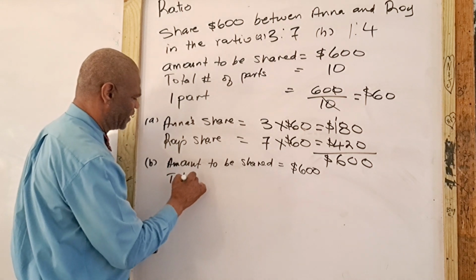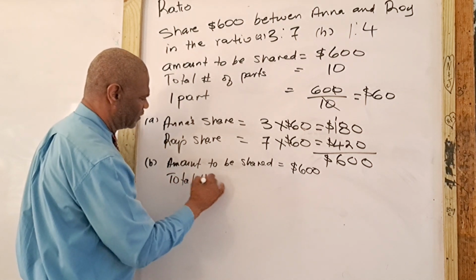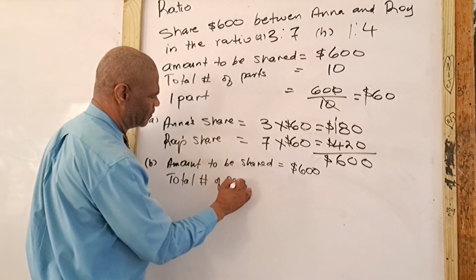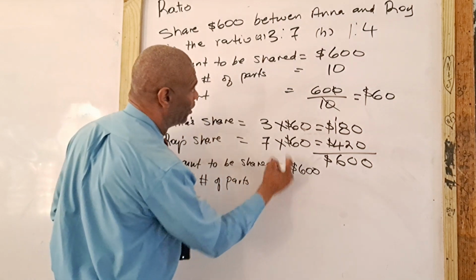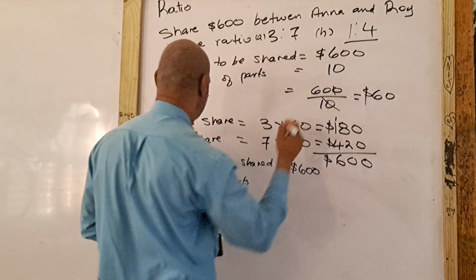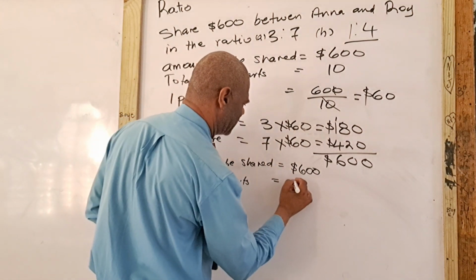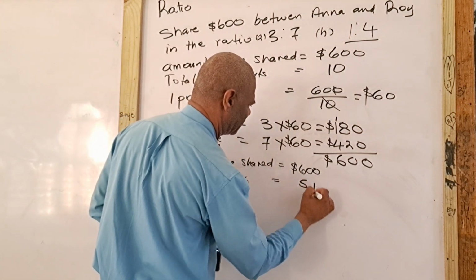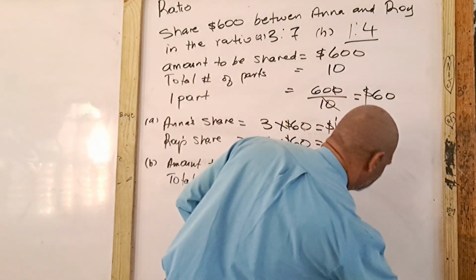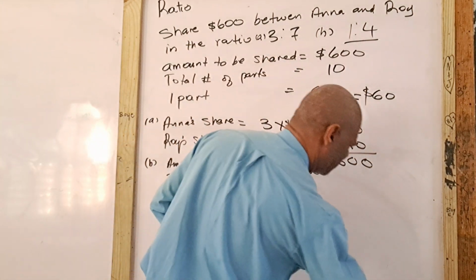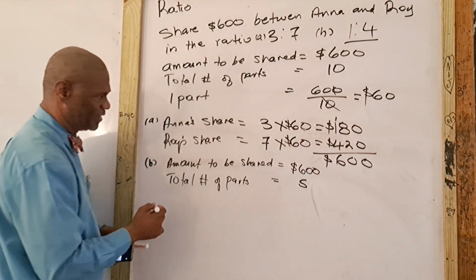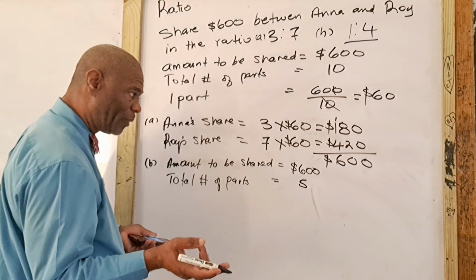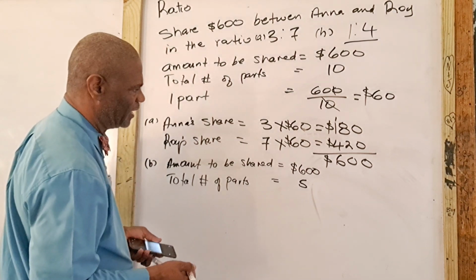Total number of parts, in this case, is 1 and 4, that's 5 parts. Total number of parts is equal to 5.